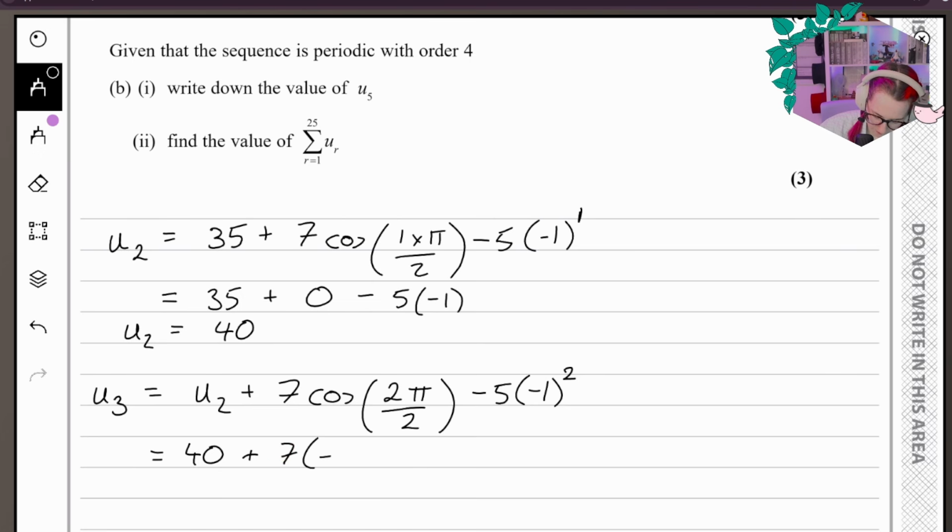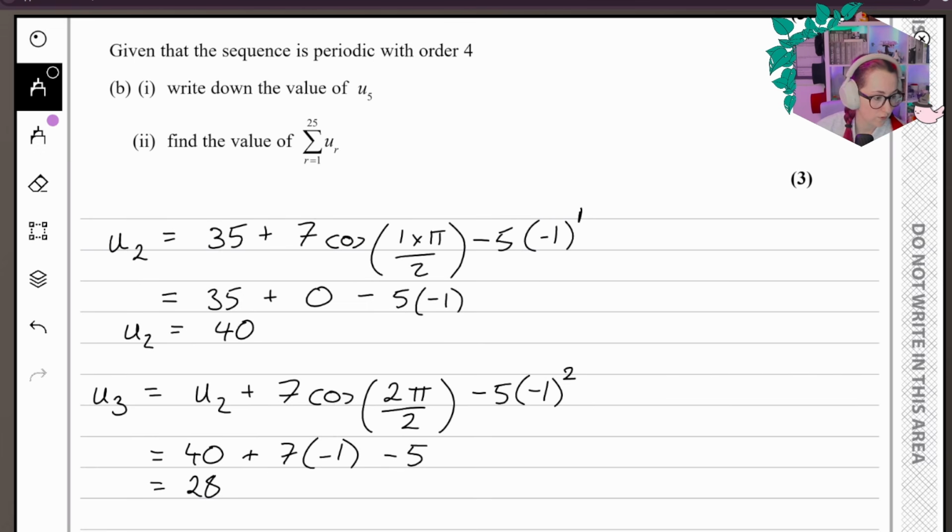So we get 7 times minus 1. And now the minus 1 is squared, so it becomes plus 1, so we leave the minus 5 alone. So this is 40 minus 7 minus 5, which is 28.